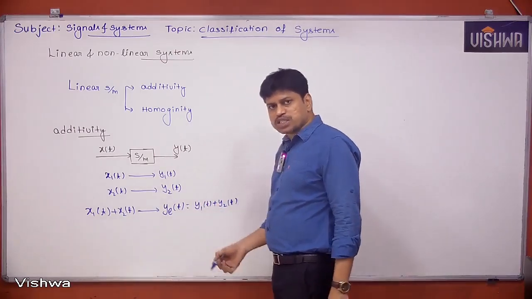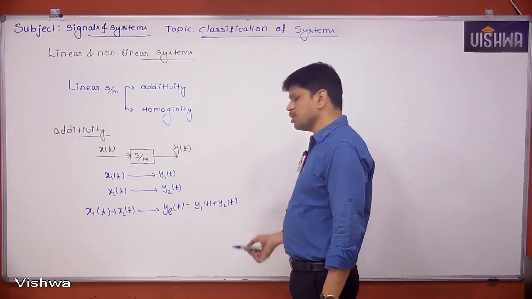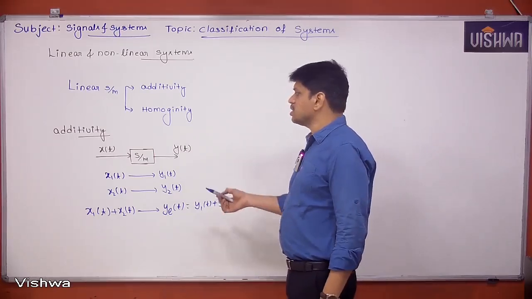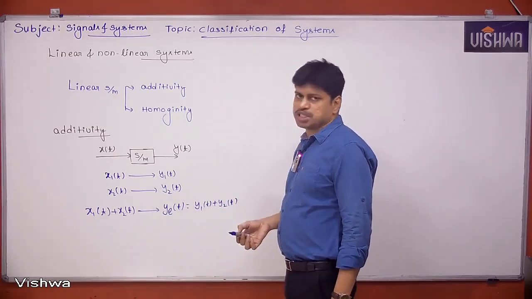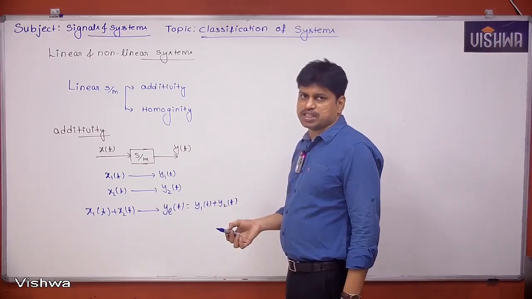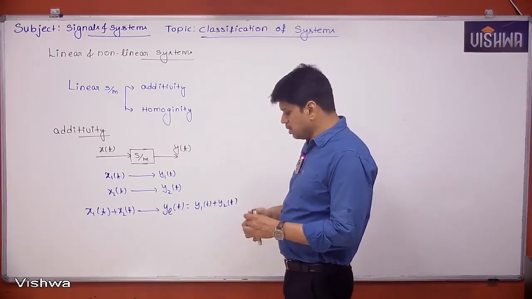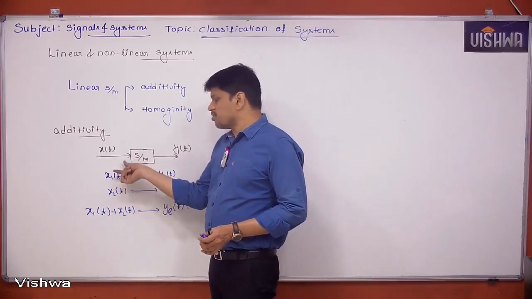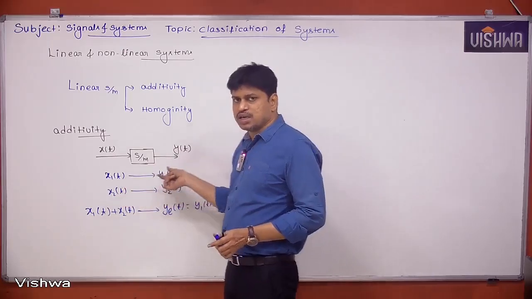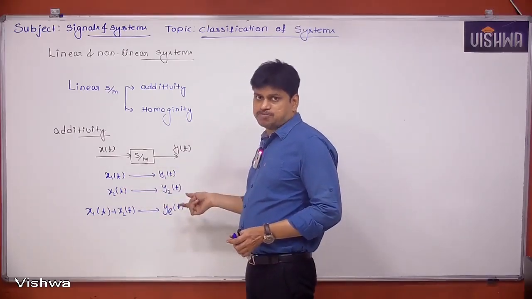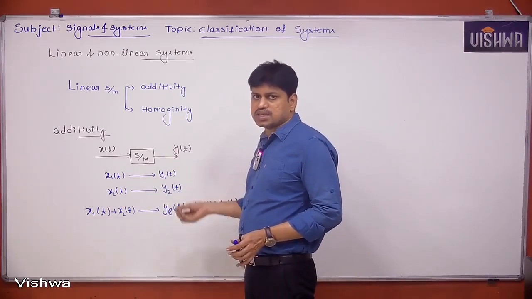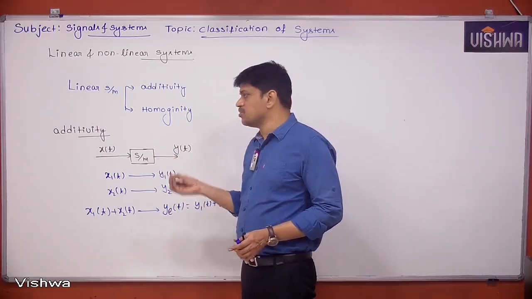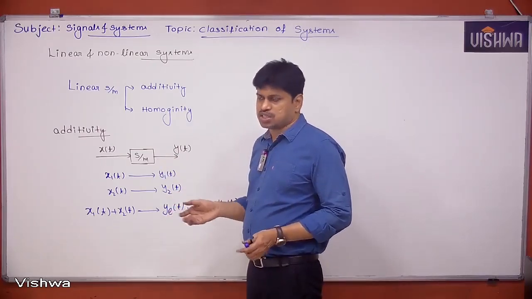If the actual output is also the same, which is nothing but y1 of t plus y2 of t, then we can say the system is obeying the additivity principle. Otherwise, it is not obeying it. I hope you understood. That means if I add the input signals, then the outputs must get added. Then we can say the system is obeying the additivity principle. Otherwise, it is not.